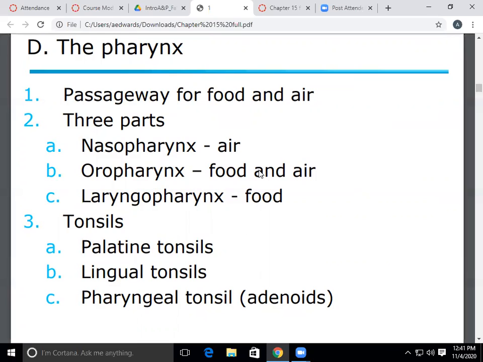Oropharynx, you got food and air. Laryngopharynx, you should have food only. Your tonsils, you have the palatine tonsils and the lingual tonsils and the pharyngeal tonsil, also known as your adenoids. Okay. And if you get these infected, you may have to have a tonsillectomy to get them removed.